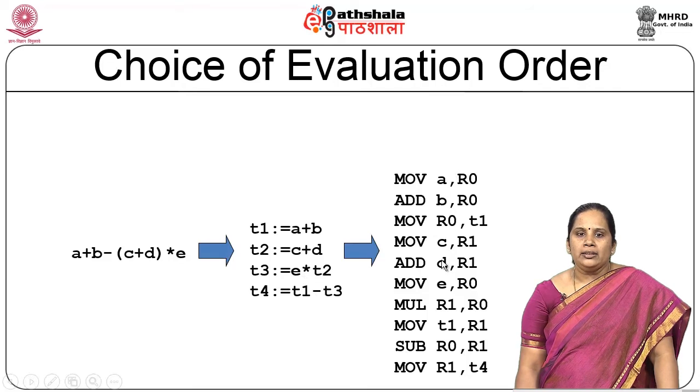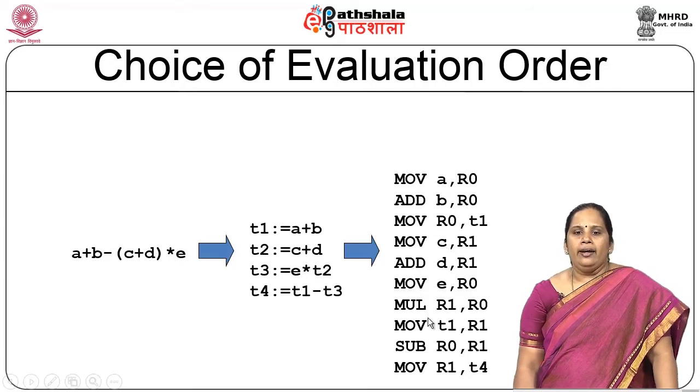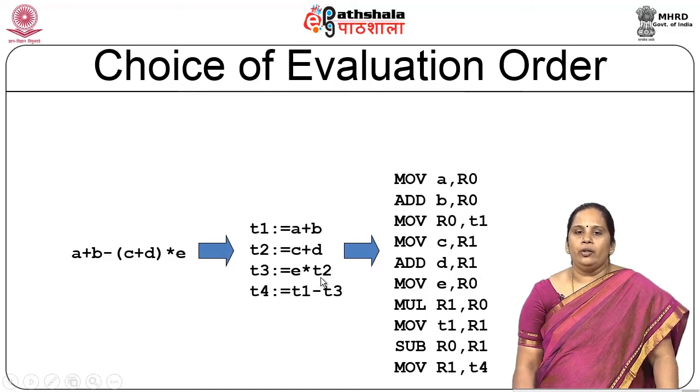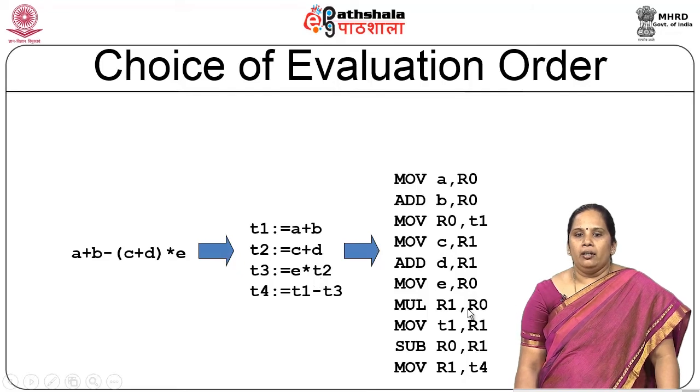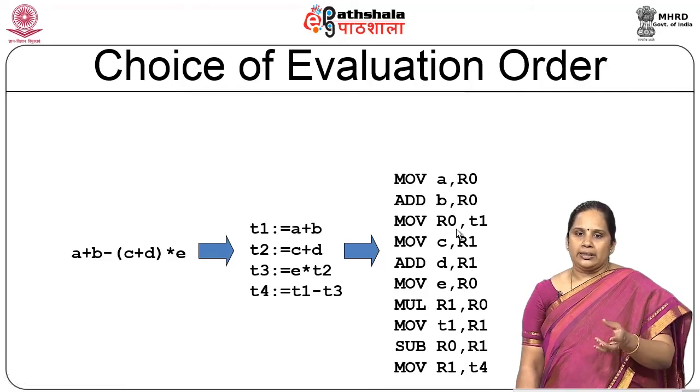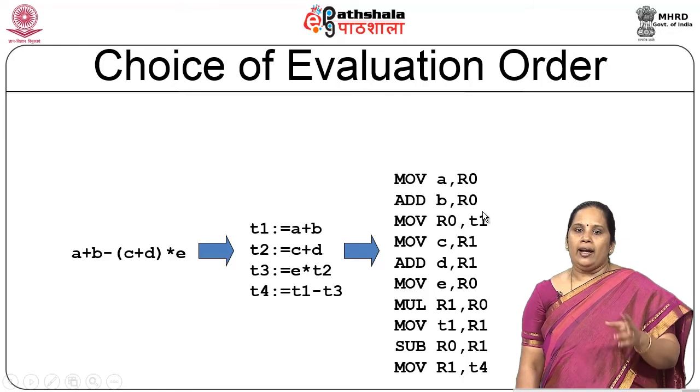For this I have got sequential code where I have used only two registers, R0 and R1, but I have actually moved back and forth. Because T2 is to be used here, I have moved the result back into E and so on. So this is A comma R0, B comma R0, move R0 comma T1.